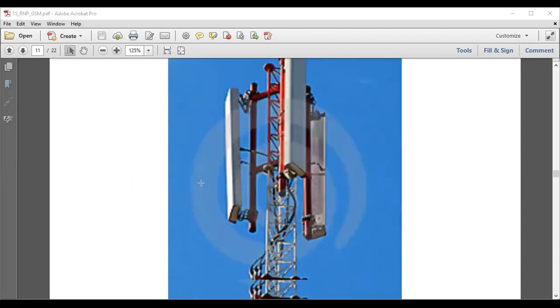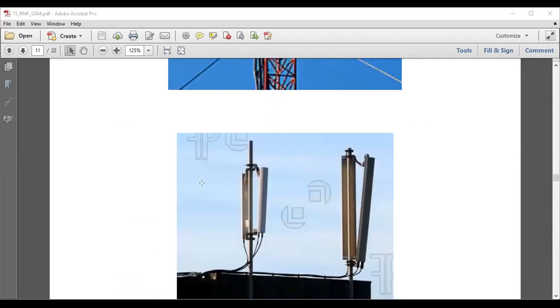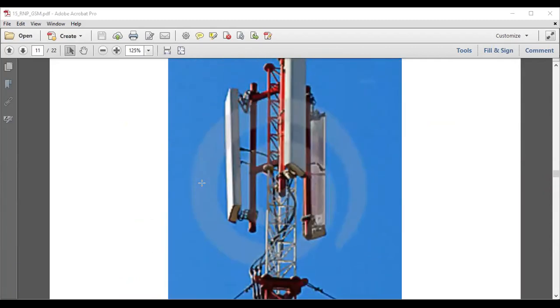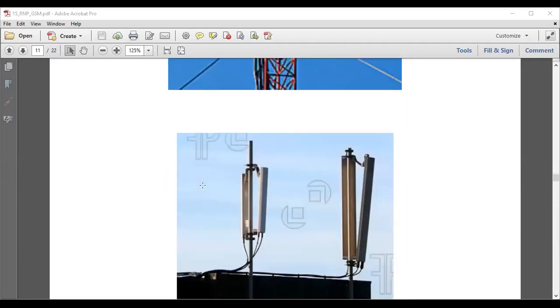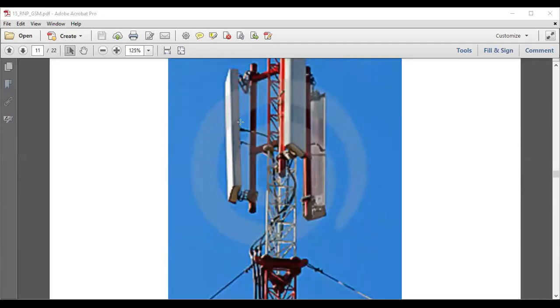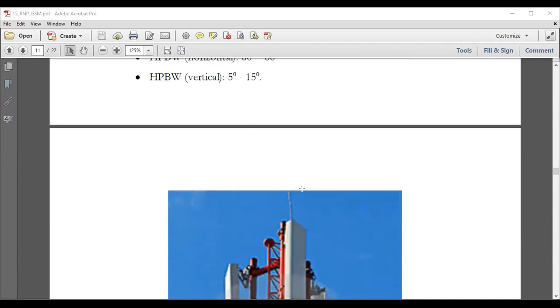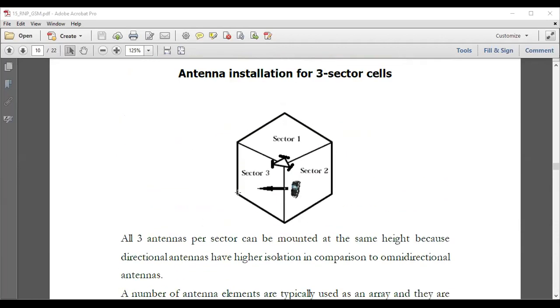Now the figures that you see, sometimes you have them at the rooftop, the antennas, and you may find these 3 sets of antennas at 3 different corners of the roof. This has to cover 3 different sectors.